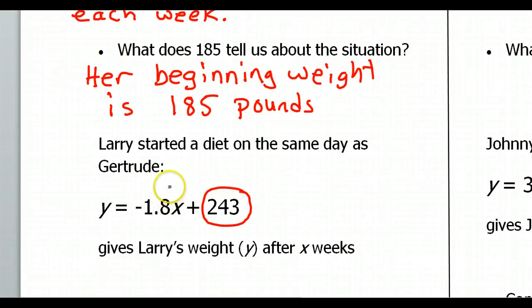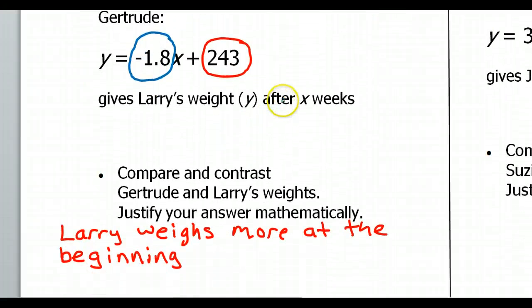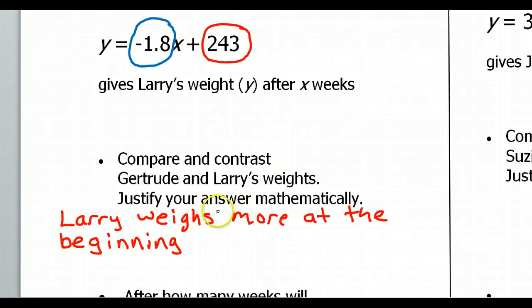I'm really hoping you said that Larry is losing weight faster than Gertrude because he's losing 1.8 pounds every week. That's almost 2 pounds. So he's losing weight almost twice as fast as Gertrude. So as we are comparing and contrasting, let's mention that Larry is losing weight much faster than Gertrude.